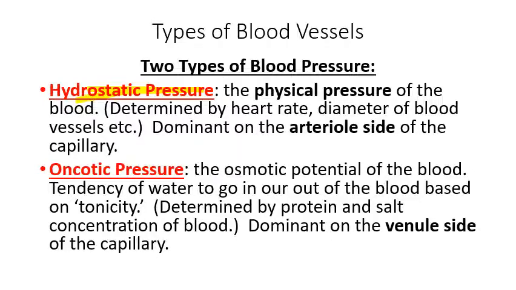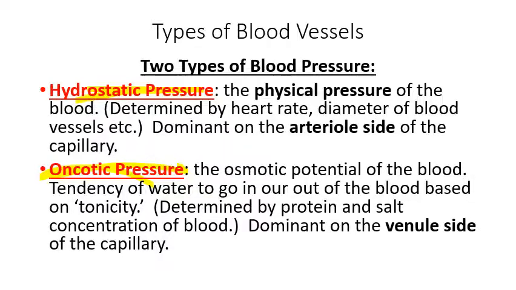Okay, the oncotic pressure refers to the osmotic potential of the blood. So how salty is the blood? And remember that we have a protein called albumin that contributes to the tonicity of the blood. So if the liver produces a lot of albumin and you have a lot of salt in your blood, that will encourage fluid to leak into the capillaries rather than out of the capillaries.